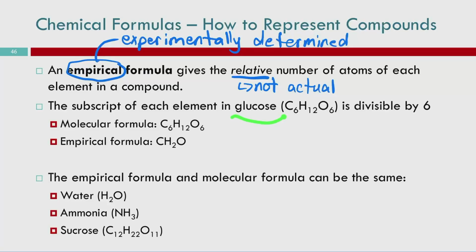So for example, for glucose, each of our subscripts, the 6, the 12, the 6, we can divide those by a bunch of numbers, but we can divide them by 6 to get CH2O.